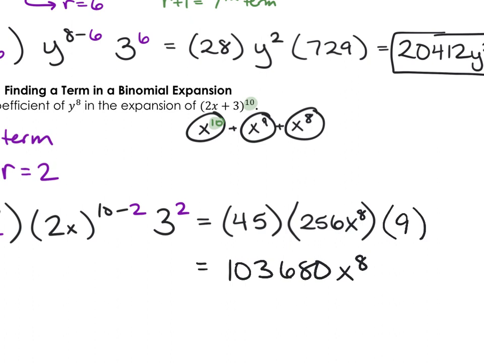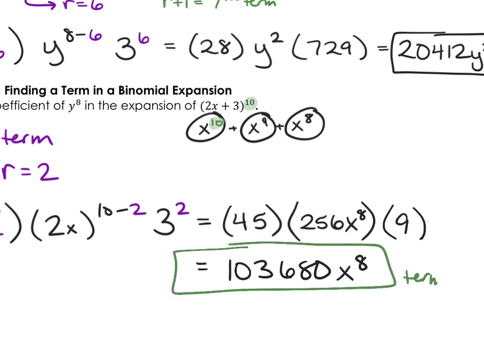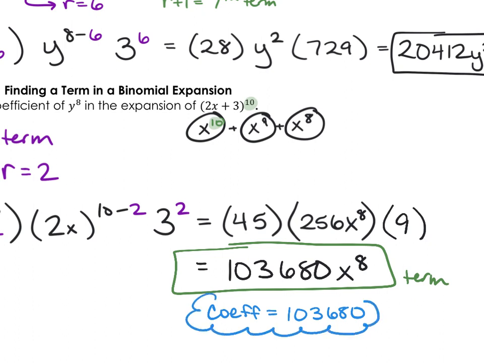Now notice if it says what is the term, this is the entire term. But this one specifically asks for the coefficient. So the coefficient is 103,680. Technically, this is what this question is asking for. Most of the questions I'm going to ask you are for the entire term.